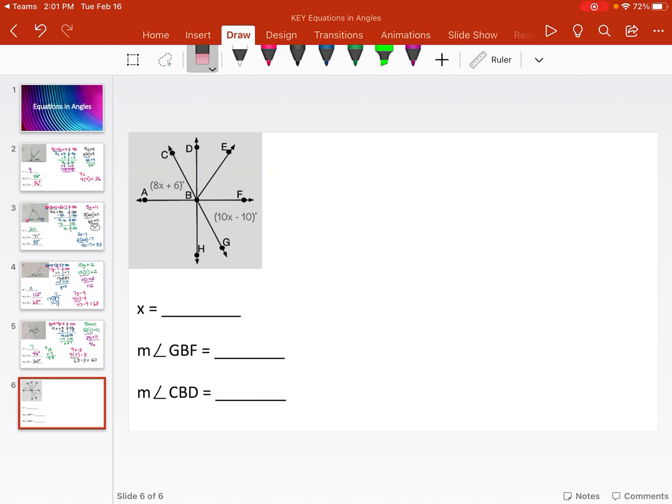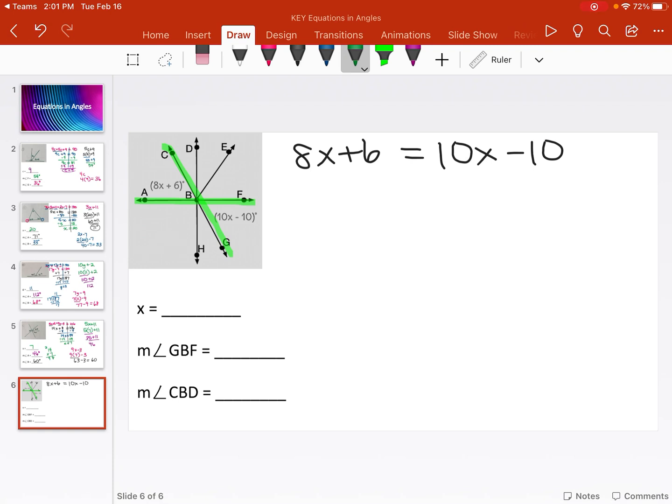All right, last one. Again, we have two vertical angles. These two are set up equal to each other. It's a little different than the last one. So we're going to set this up as 8x plus 6 is equal to 10x minus 10. Okay, we have done these before though. So remember, the goal is to get all the variables on one side and all of the constants on the other.